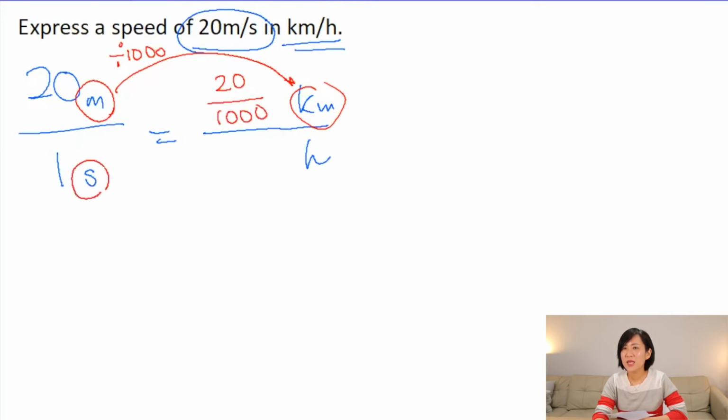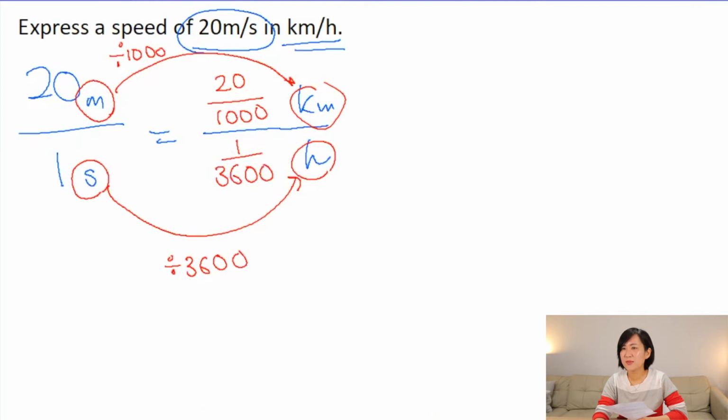Then seconds into hours, divided by 3,600, that is 1 hour. Let's calculate them and make it into a division number sentence: 20,000 divided by 3,600.